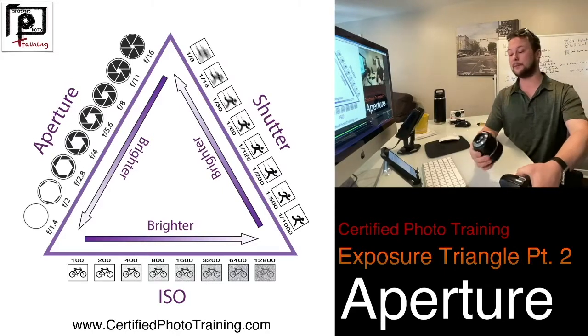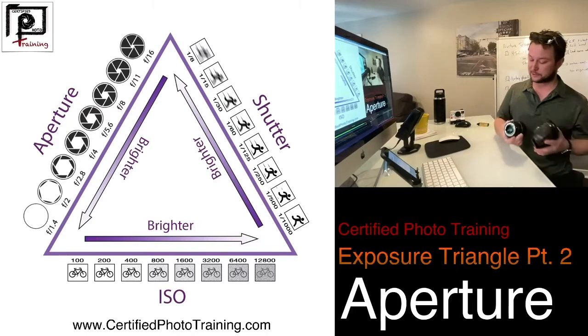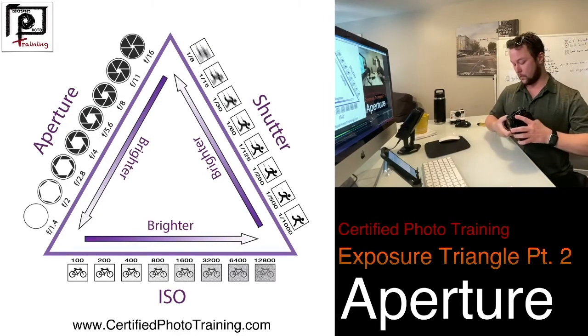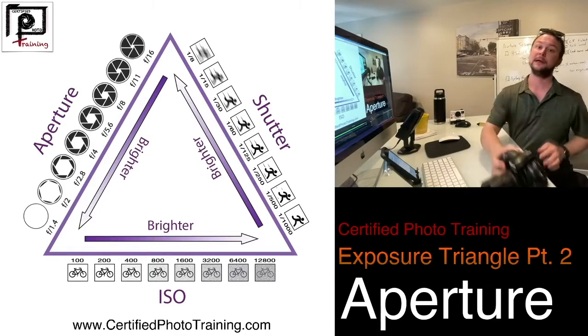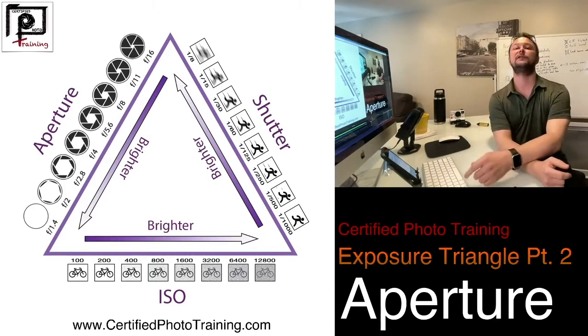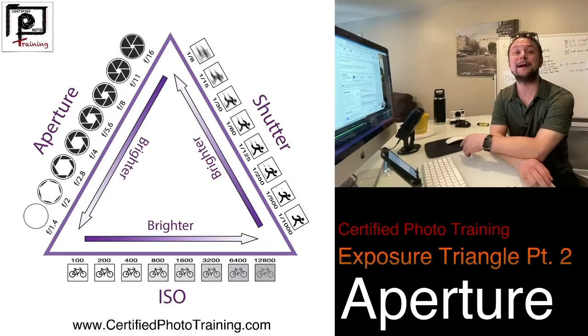So when we talk about the different numbers within the aperture scale, we have to look at it as how wide is it open, okay? I want you to envision this. You want to relate the pupil of your eye to your aperture. That's exactly what the aperture of your camera is.